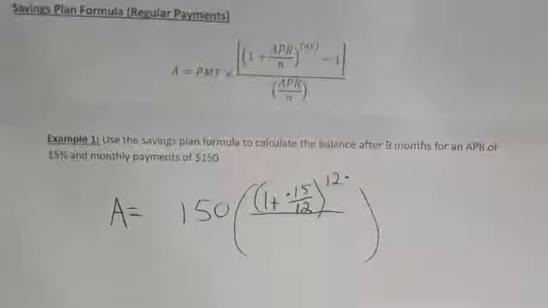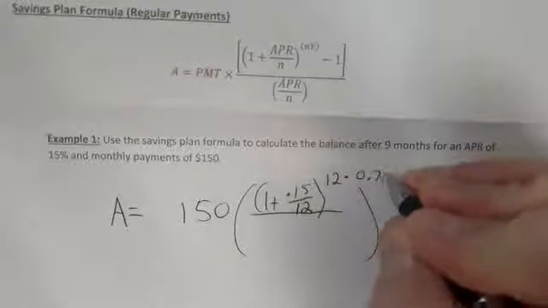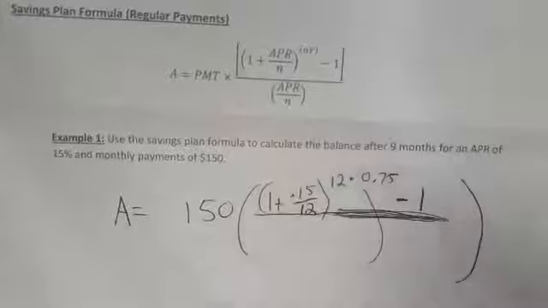So N times Y, 9 months. Oh, that's kind of an odd thing, but it's going to be 0.75 or 3/4 of a year. Subtract 1, to not put my parentheses in a good place.